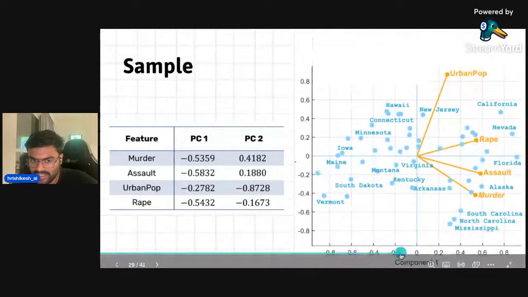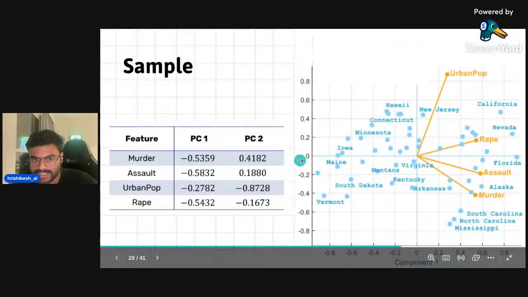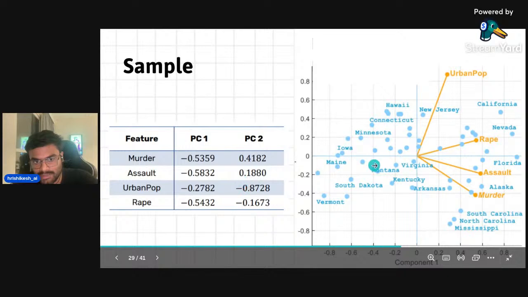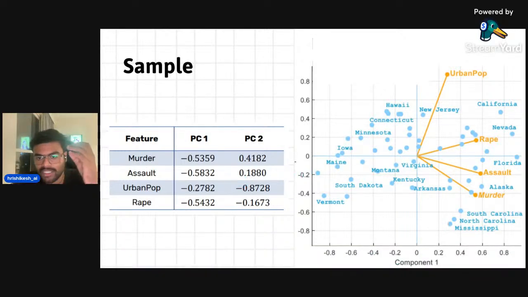this is component 1 and this is component 2, and as I told you, component 1 contains more information. Here you can see this is the zero axis, and these are all the data points. And as I told before, this principal component is a vector, so you can see magnitude and direction.